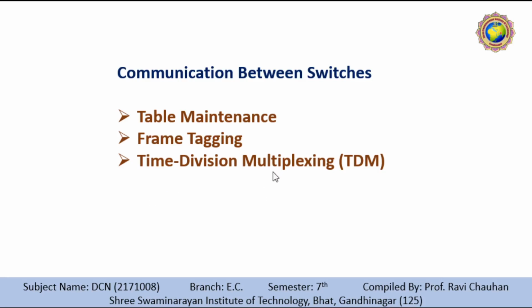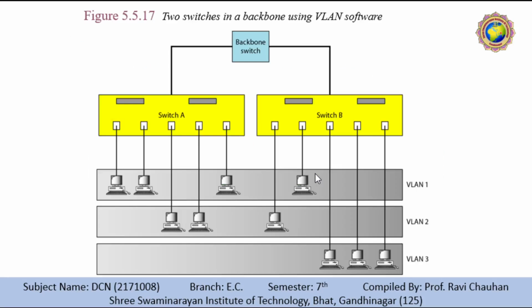Last is time division multiplexing, or TDM. In this method, a connection between switches is divided into time-shared channels. For example, if the total number of VLANs in a backbone is 5, each trunk is divided into 5 channels.